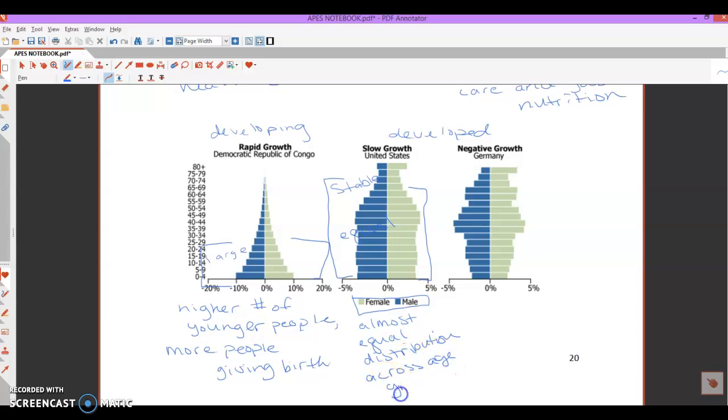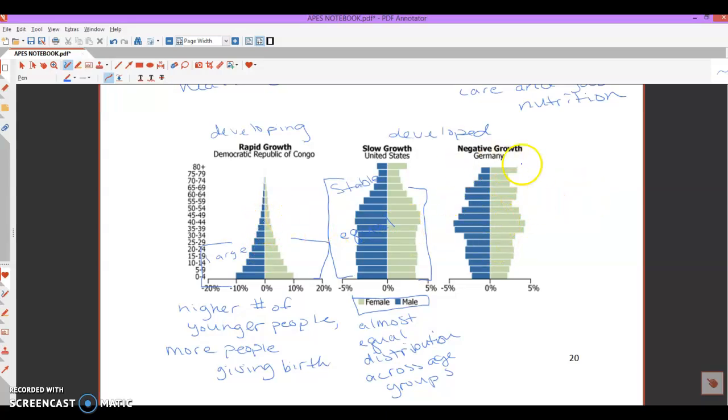And remember, guys, this is because we have access to healthcare, access to family planning, and so women aren't getting married young and having kids. They're choosing to wait longer. They're going to school, they're going to college, they're getting educated. Some of them may not even get married until much later in life. So there isn't a need to have children like there would be in a more developing country.